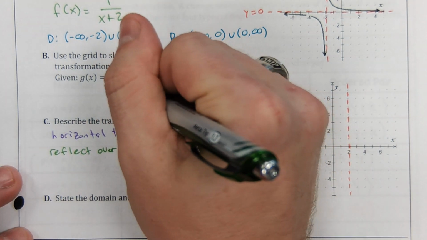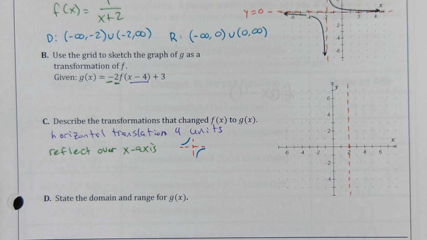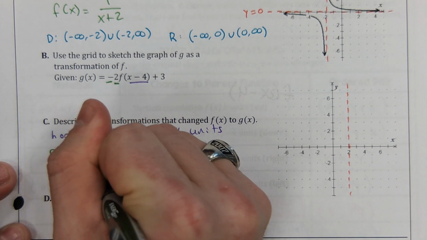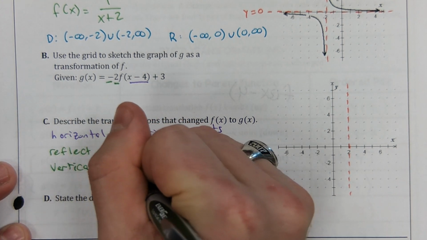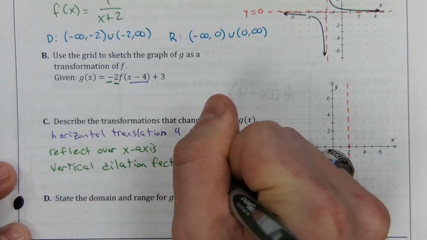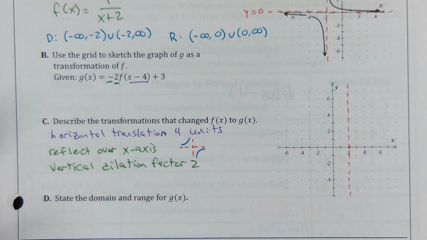Now we've got this 2 on the front. Vertical outside, same. So this is a vertical, and because it's multiplication, dilation, factor 2. What effect does that have on a graph? It multiplies all your y values by 2.